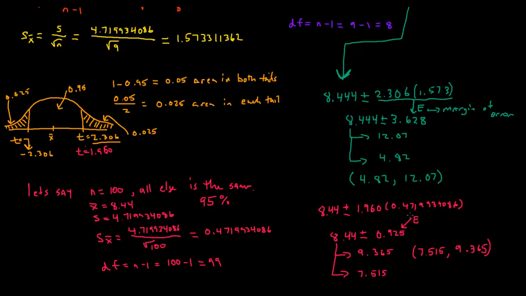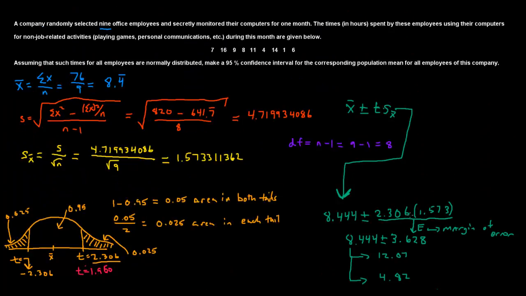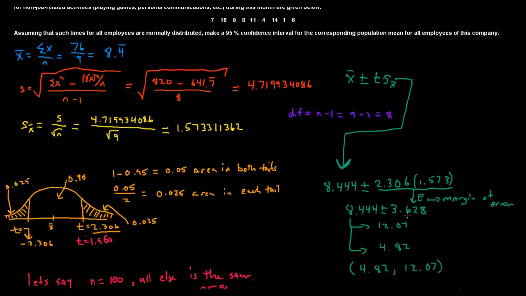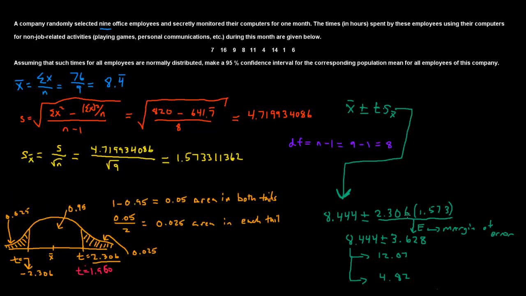So, again, just to summarize, talking about companies, employees, and how much time they spend not doing the work they're supposed to, we constructed a 95% confidence interval around those 9 data points. We found that by finding the standard deviation and x bar from our raw data.